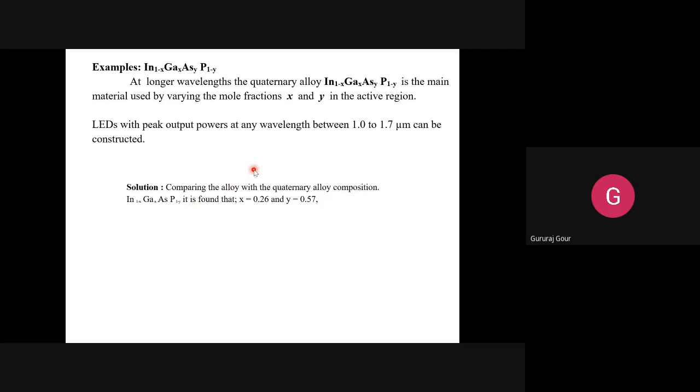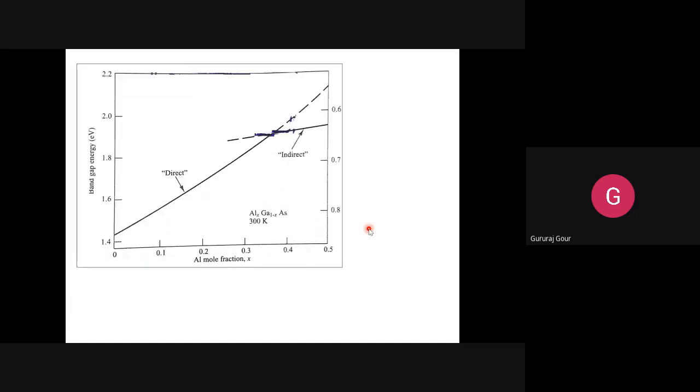Now one thing I want to tell you: when you are dealing with such kinds of numericals, either they will give x and y values directly in the problem, or they will give you a graph like this, and from that you have to make out the x and y values. This composition graph is referred from the textbook, which I have not quoted here.